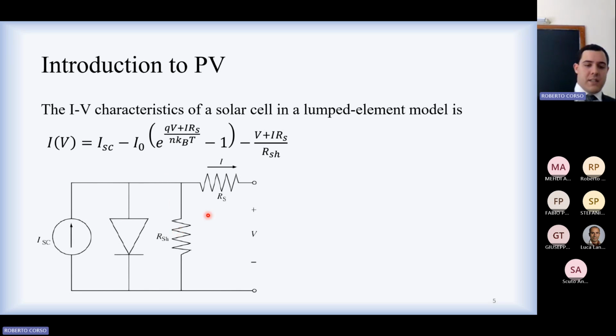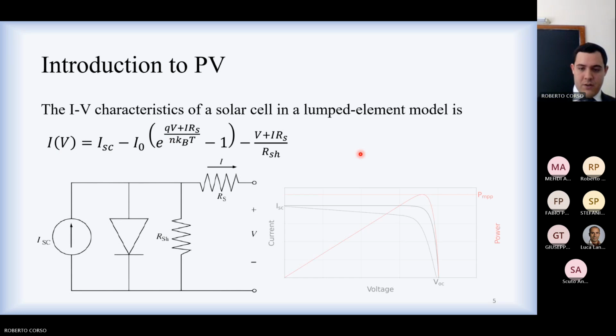So this is all current that is not collected by the outside system. And lastly, a series resistance, which represents usually the contacts along the cell or along the string in a solar module. Here is the characteristic current voltage equation.